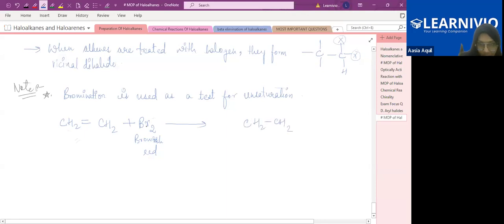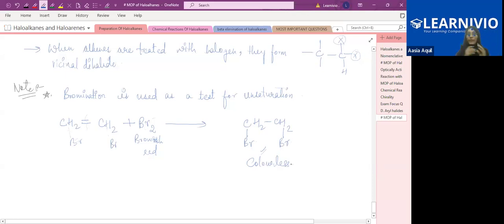This is similar to the halogenation reaction. One bromine will come over here, one bromine will come over here, the bond will break, and the bromine will attach to this carbon and similarly to this carbon. So when you do the bromination, again you get a vicinal dibromide, and this compound is colorless.